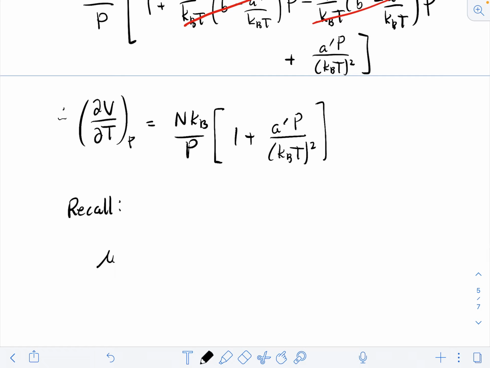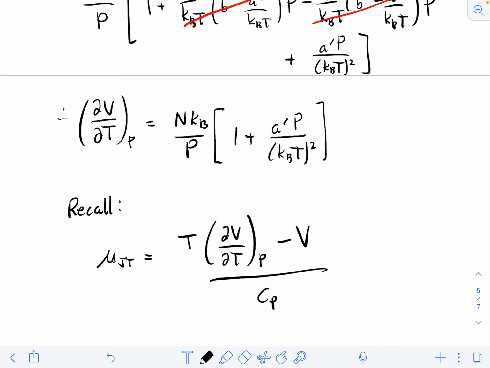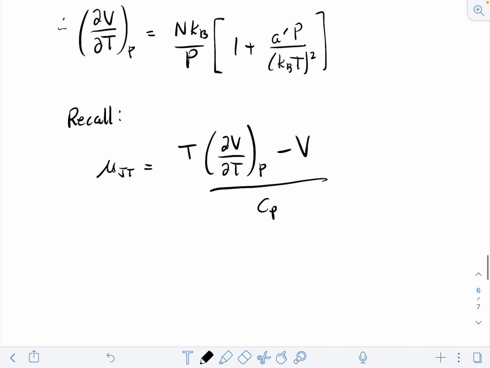So recall that our full Joule-Thomson coefficient was given by T times this derivative minus volume over the heat capacity. So if we do that, what we find, let's do just the denominator of this coefficient.